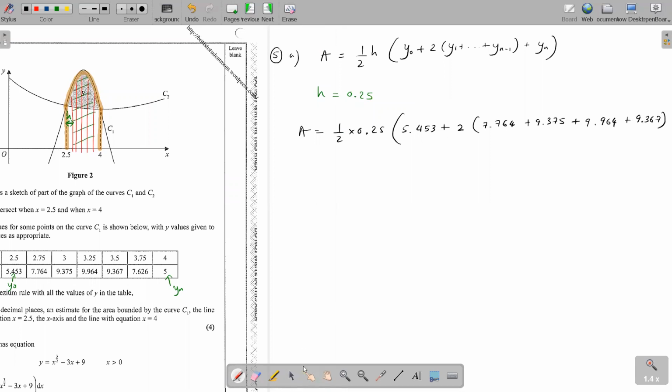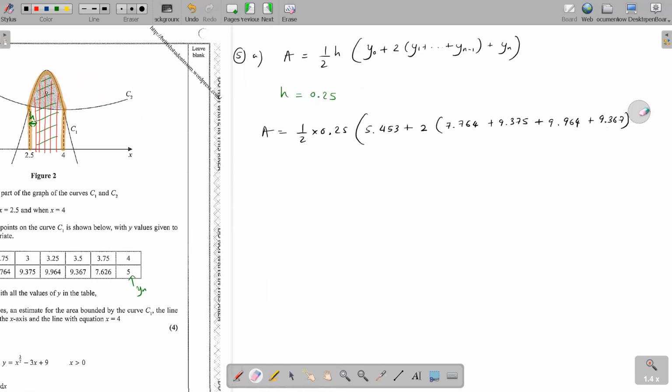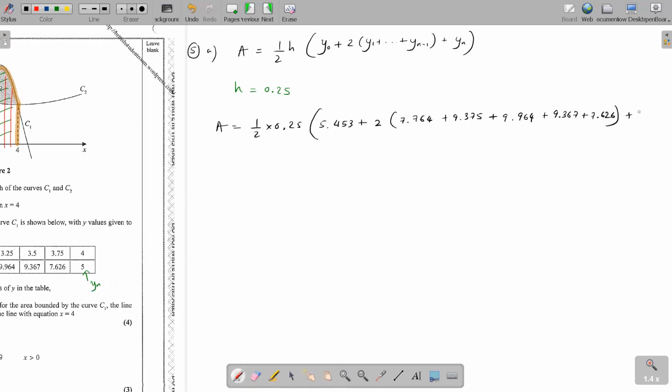So those are the middle y values, right? I used them correctly, right? 7.764, 9.375, 9.964, 9.367 plus 7.626. So there's one more y value, the final y value, which is plus 5.